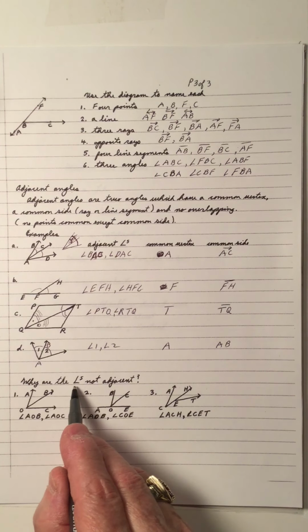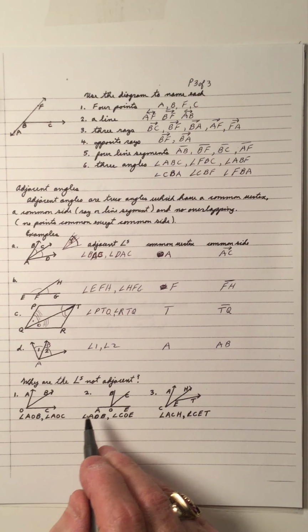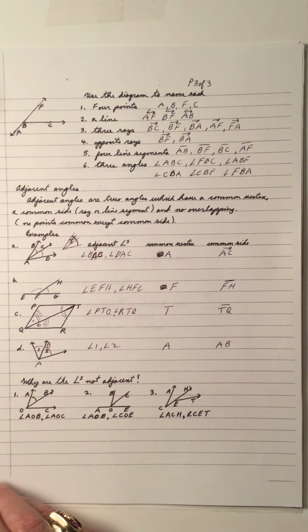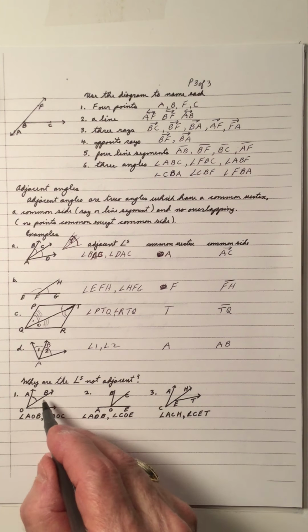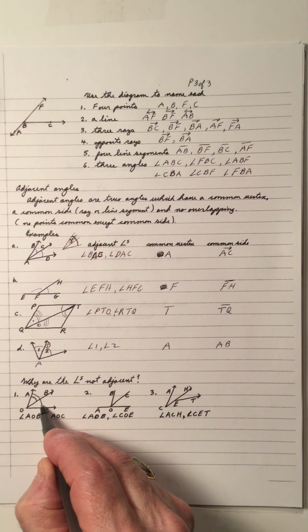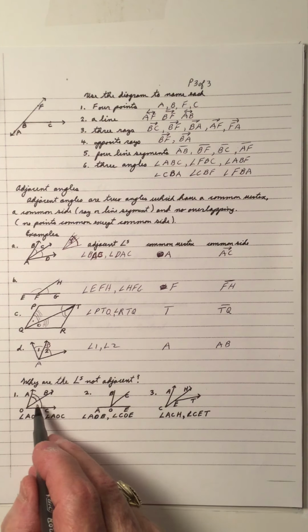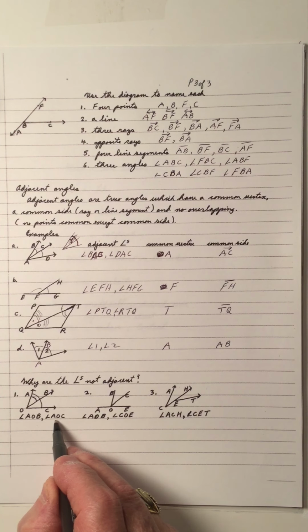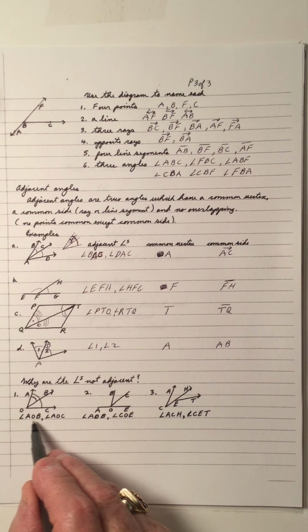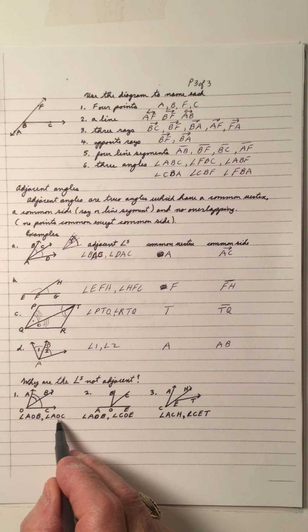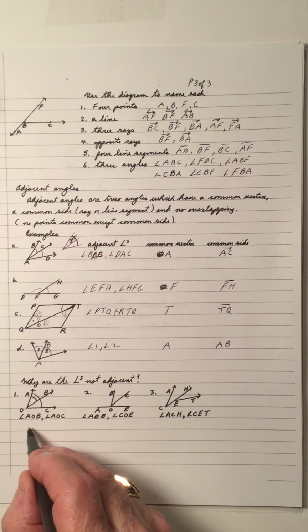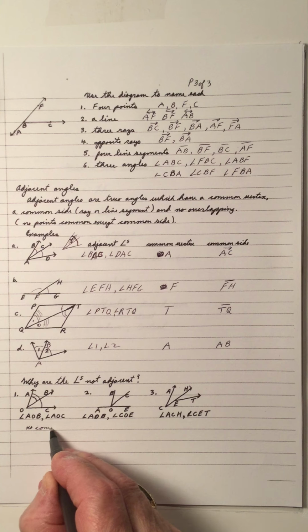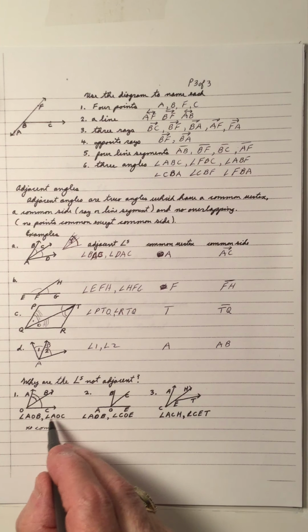Now, why are these angles not adjacent? Angle AOB, well, let's mark it, AOB. Angle AOC, AOC is this one. So you can see when I got those marked, they both have the same vertex. They don't have the same side. So again, they don't have a common side, so there's no common. Oh, yes, they do.